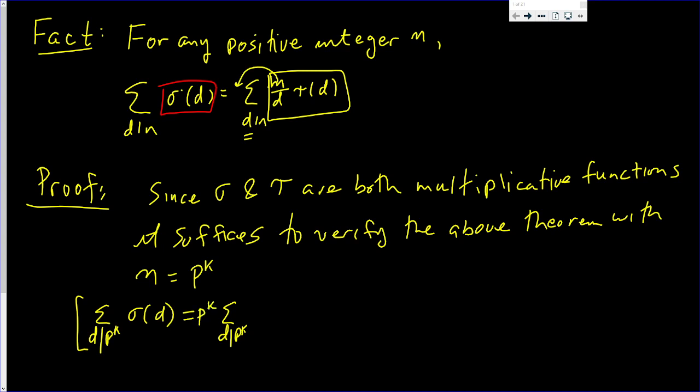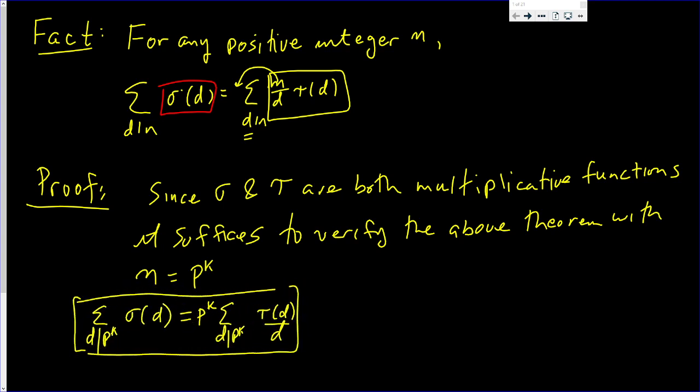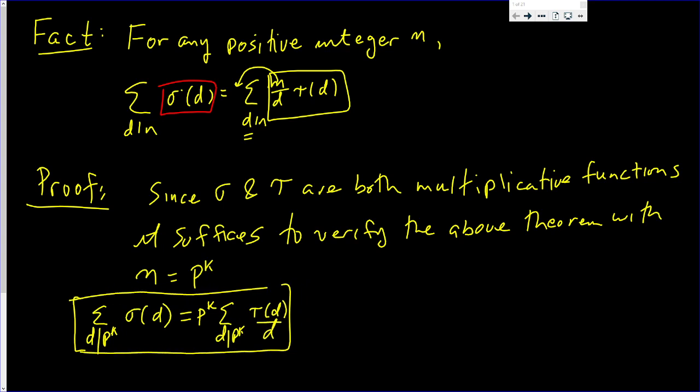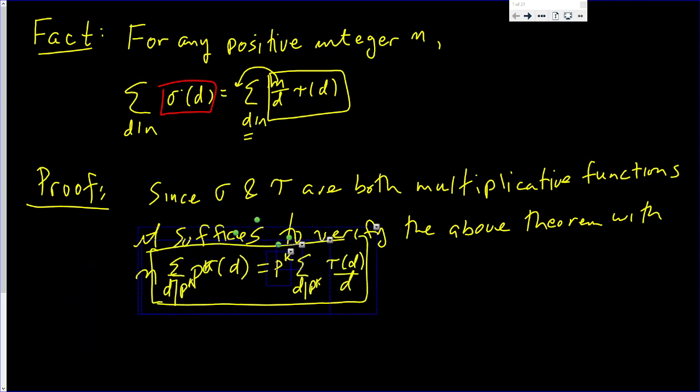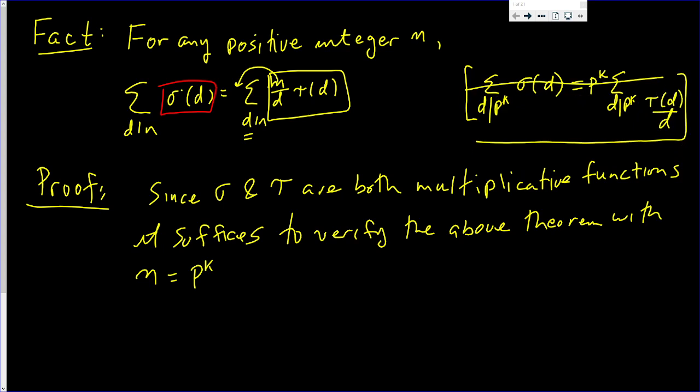In our case, n is p to the k, which I could factor out, times tau of d over d. This is what I want to show.